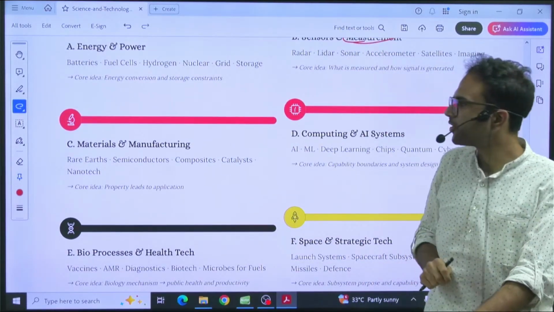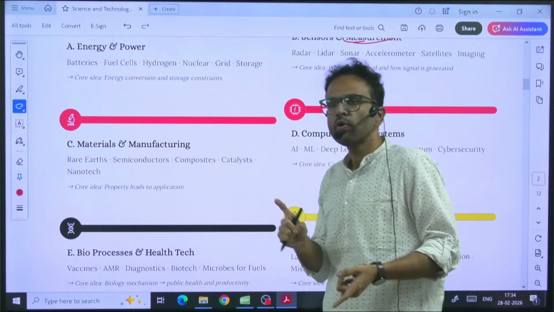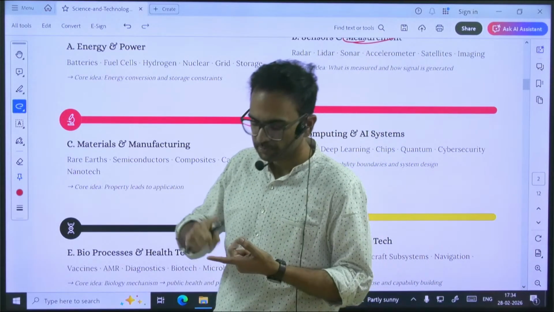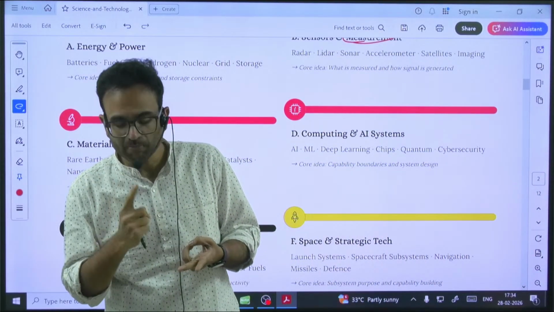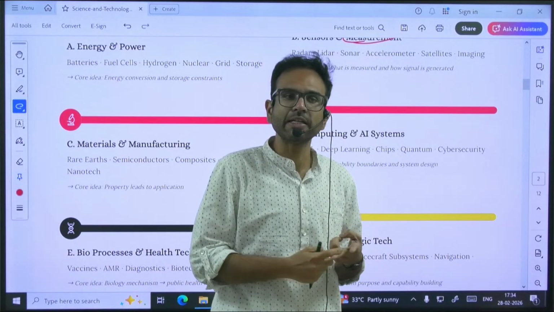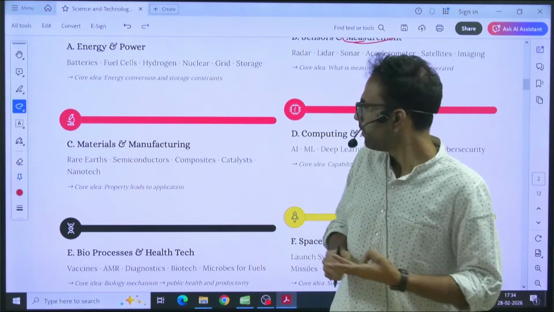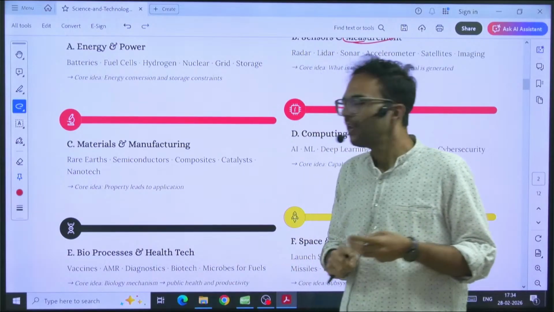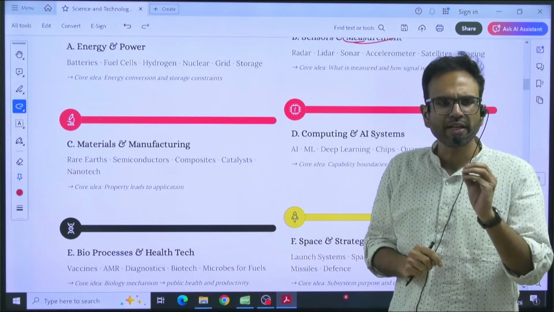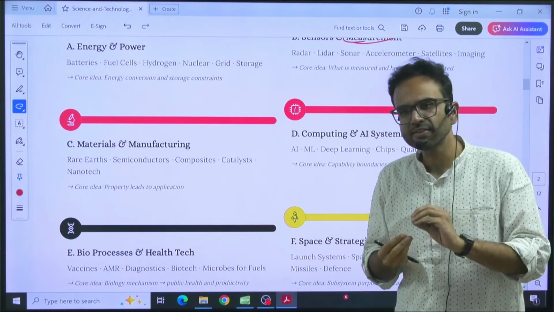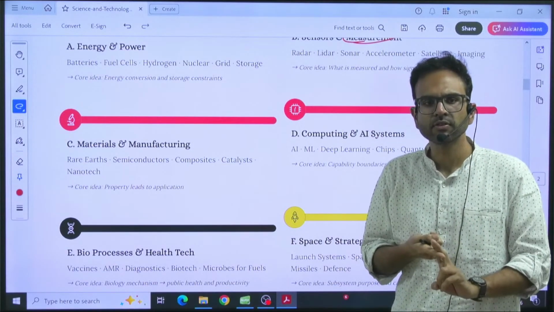Then materials and manufacturing. Here you are going to talk about mines and minerals, the developments in metallurgical and material technology. Then we will be talking about how they will actually address the problems in various sectors like aerospace, defense.